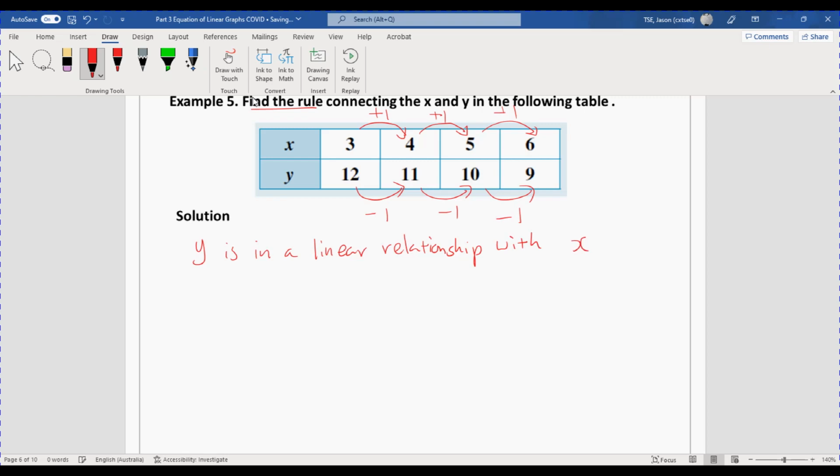Let's find gradient. Rise over run. What will be the rise? It's always change in y. Don't make it wrong.